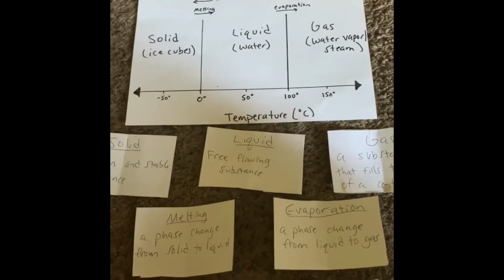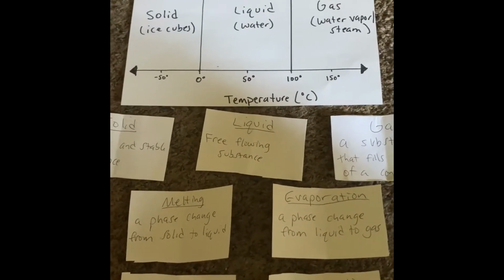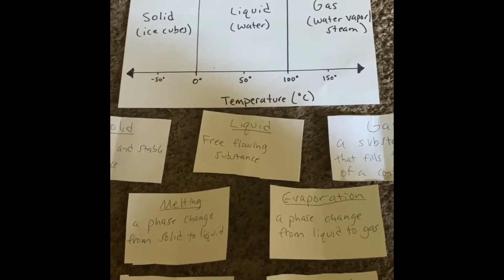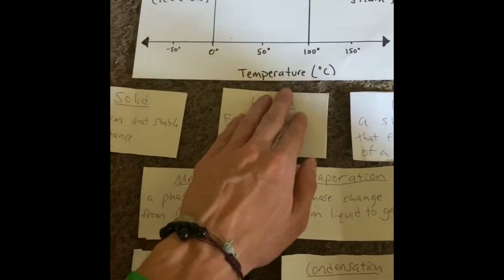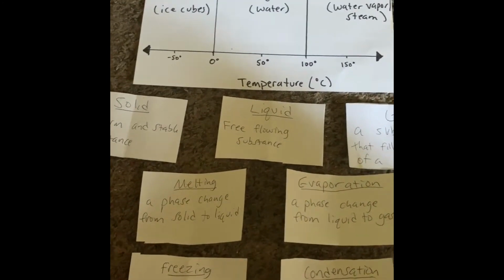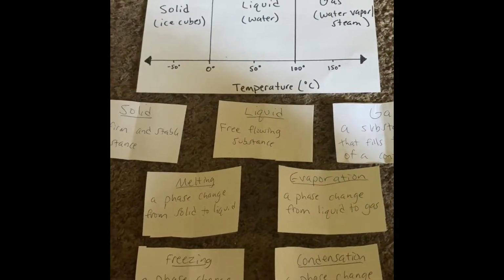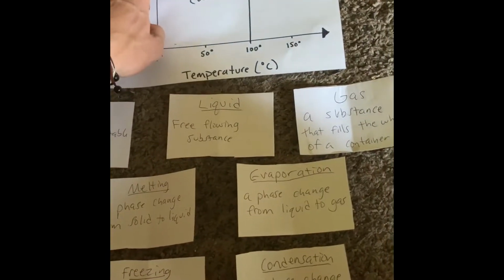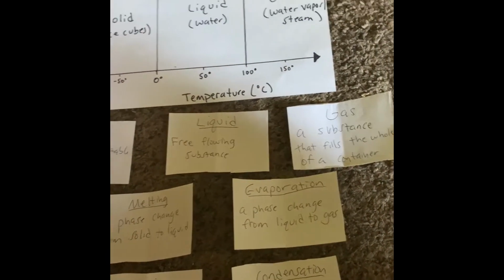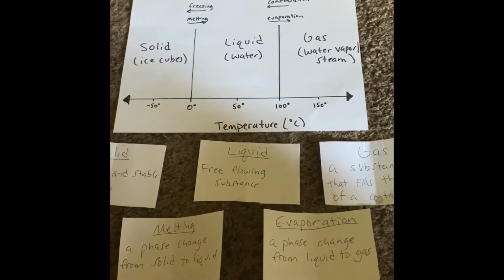And then I could also just say that's 32 degrees Fahrenheit. And then it's heating up, it's getting hotter, that water is getting hotter. Then at 100 degrees Celsius, we would be turning into that steam, water vapor, which was a gas. And from there, I can introduce these terms too. Melting, once we go from a solid to a liquid, we're melting. From a liquid to a gas, we're evaporating, or evaporation.